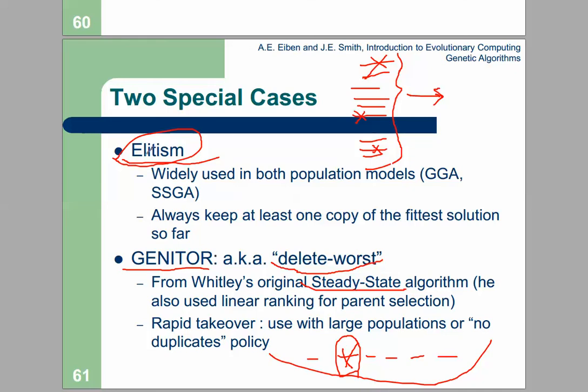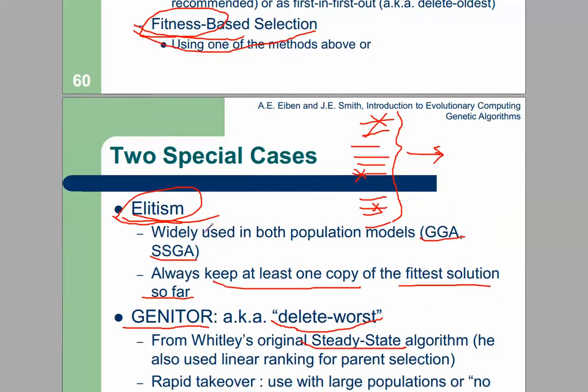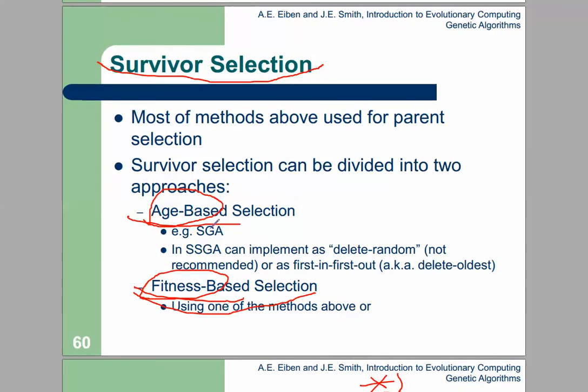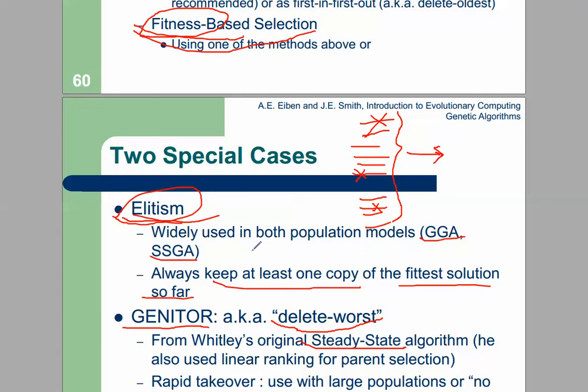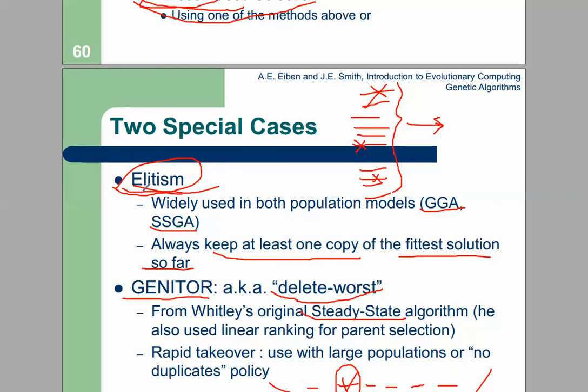But elitism can be used as a generational or steady state method. In elitism, it is guaranteed to keep the fittest or highest fitness value. These are two types of survivor selection that use fitness-based selection.